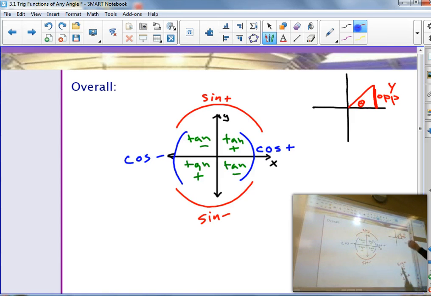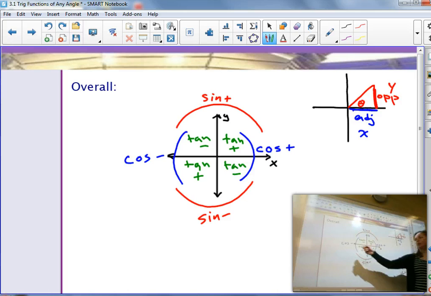And similarly, cosine is always going to be described by the adjacent side, but the adjacent side is measured by the x's, right? So cosine is positive when my x coordinates are positive, and cosine is negative when my x-coordinates are negative.